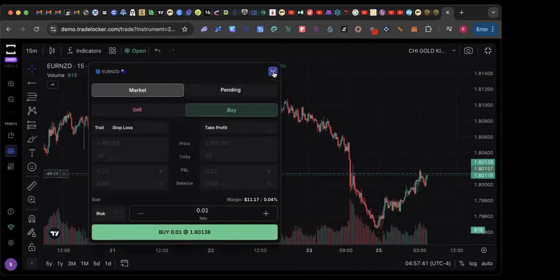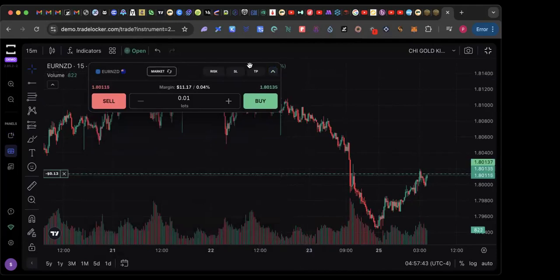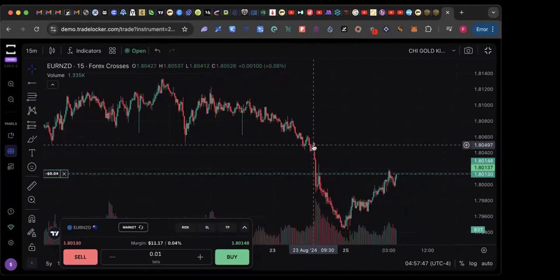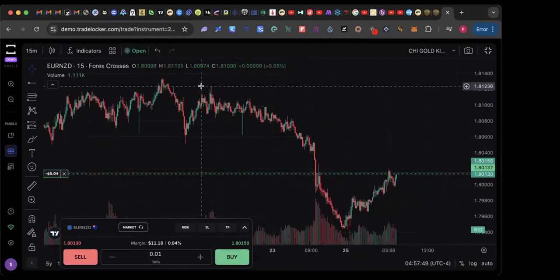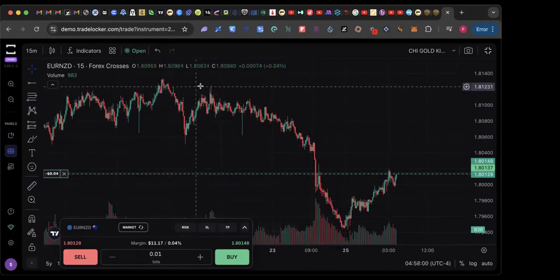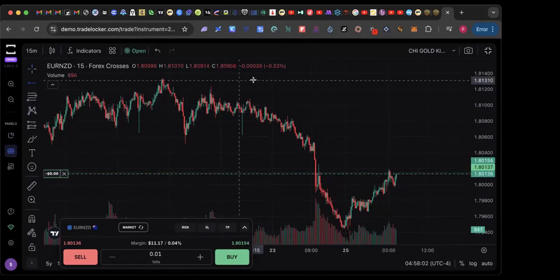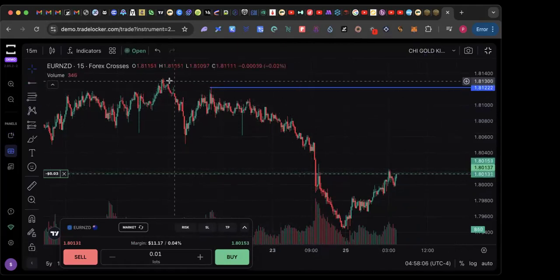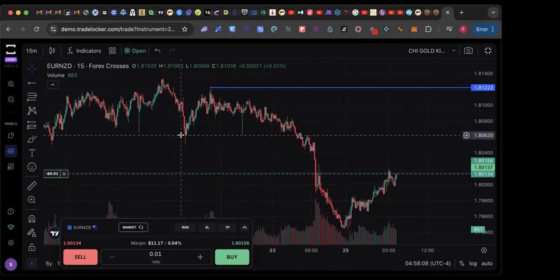So let's look at where the immediate swing high is here. This is up here. We're in 15 minutes, right? So on Euro SND, this is a low, this is a low, this is a high, this is another high. So let me take this. Another high here, another low here, and take another one here.